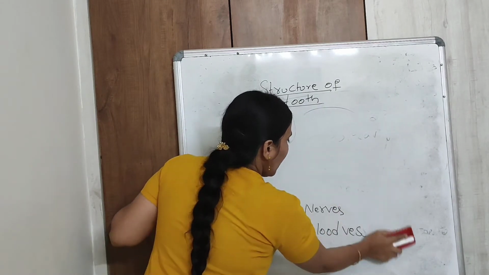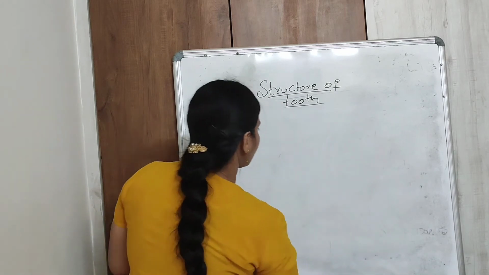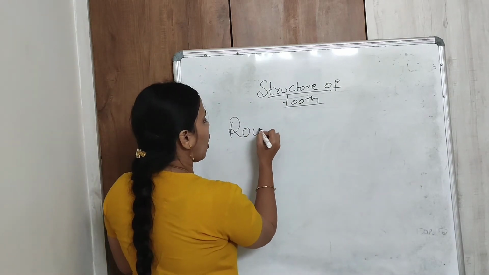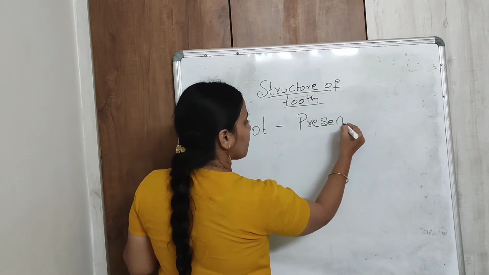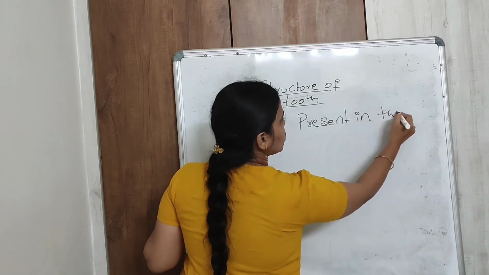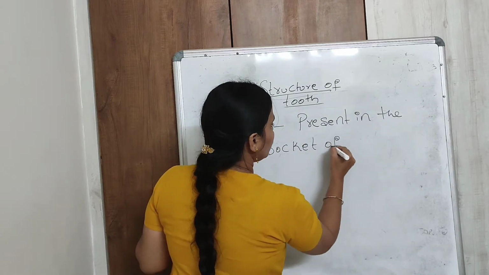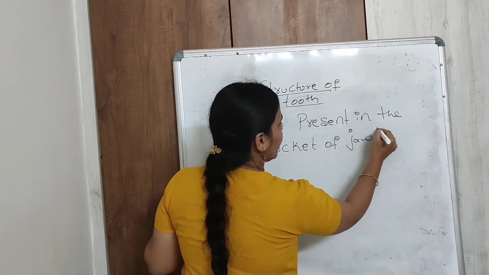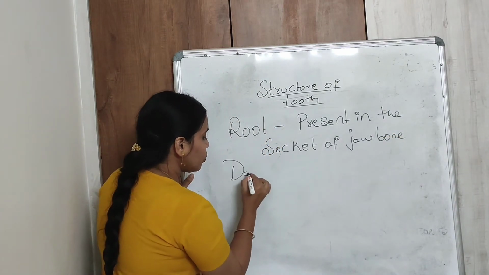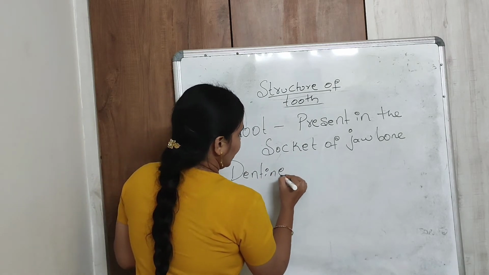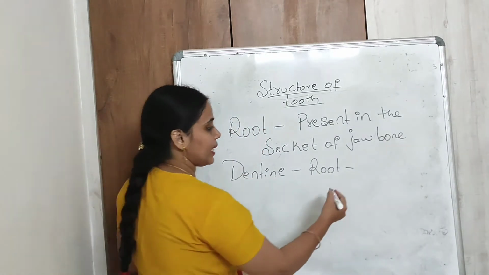Right. And I already discussed that the root is a structure which is present in the socket of the jawbone. Root is always present in the socket of the jawbone. Now, the dentine of the root is covered by another membrane called cementum.